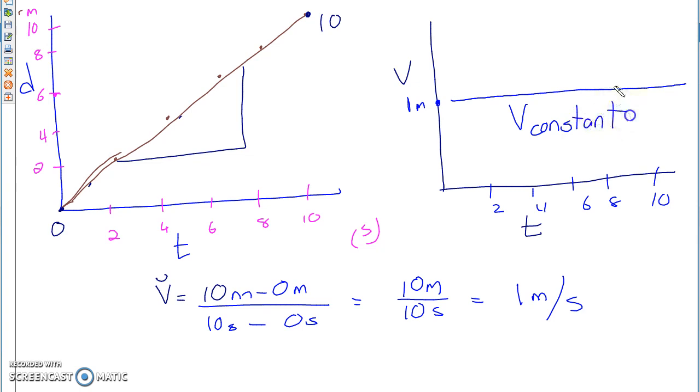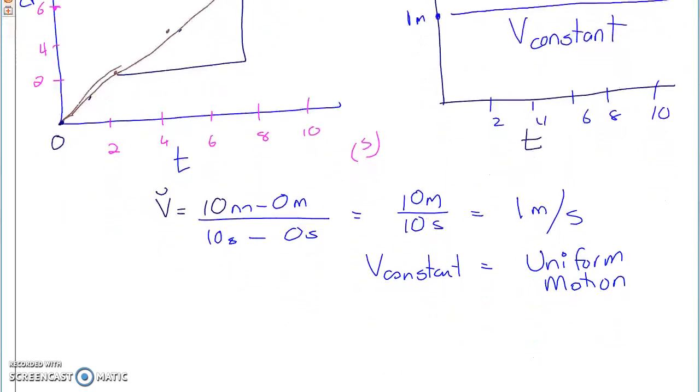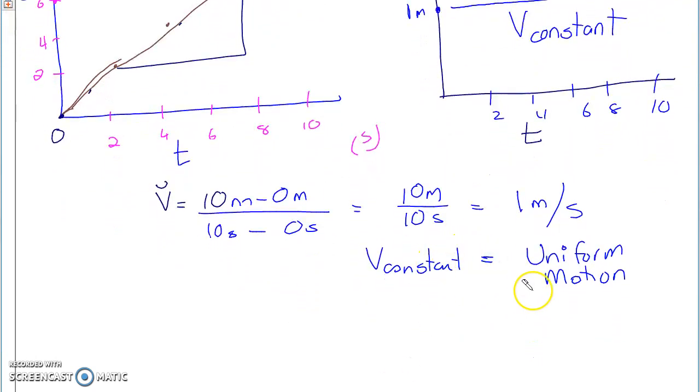My velocity is constant. Another name for constant velocity is uniform motion. Now, uniform motion has two components to it. First part is my velocity is constant. The second part of uniform motion is my direction is constant, meaning it's not changing.